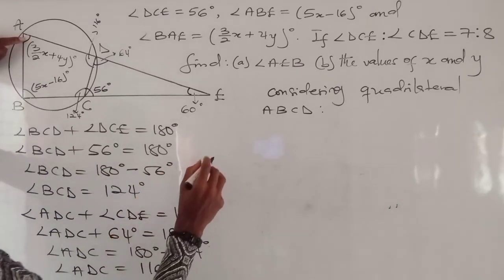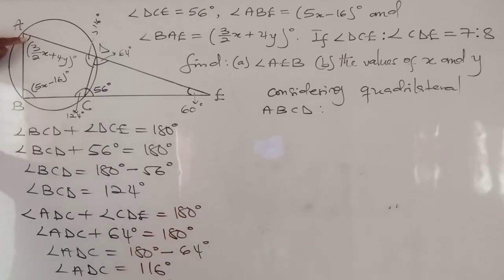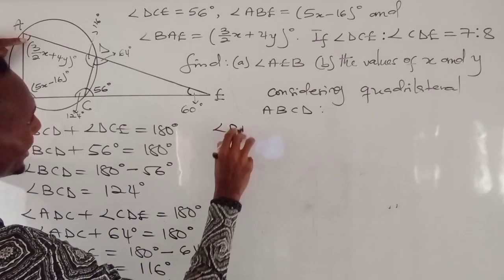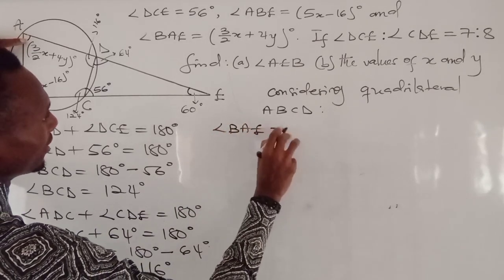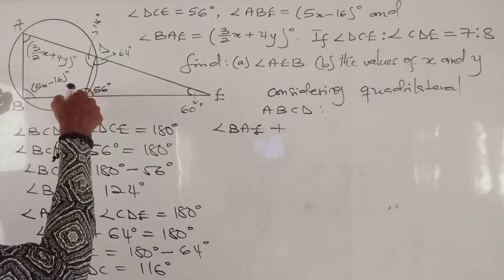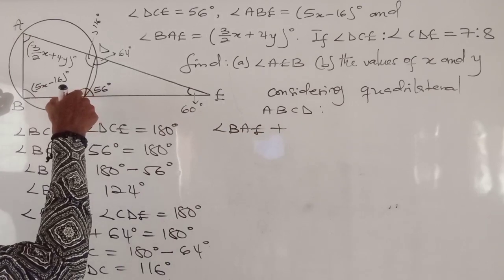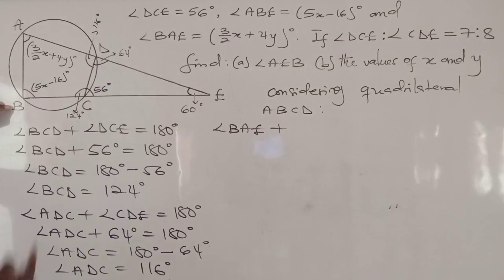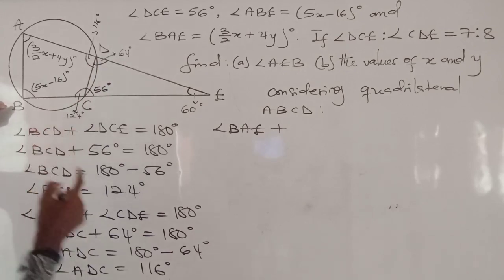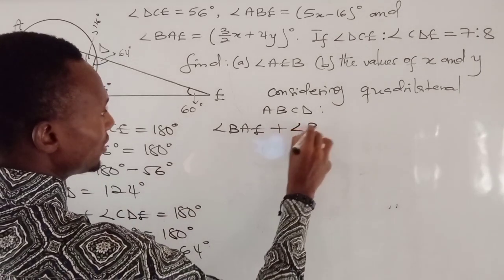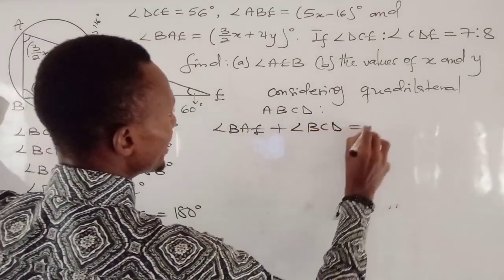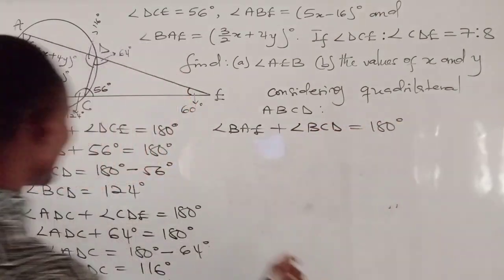I have that this angle, which is angle BAE, plus the opposite angle, which is angle BCD, we solved for angle BCD, which is 124 degrees, so plus angle BCD should be equal to 180 degrees.